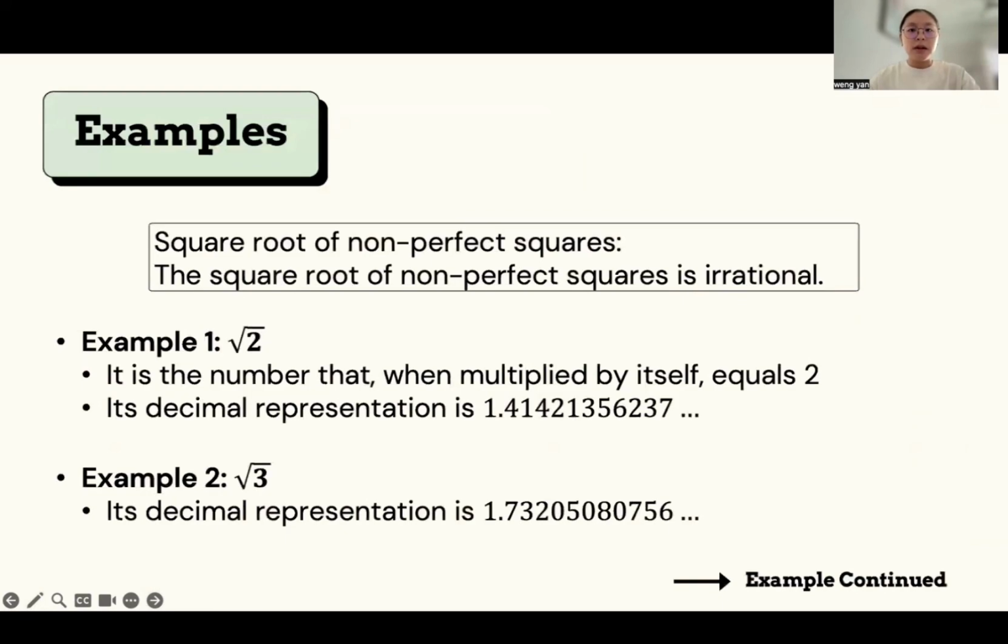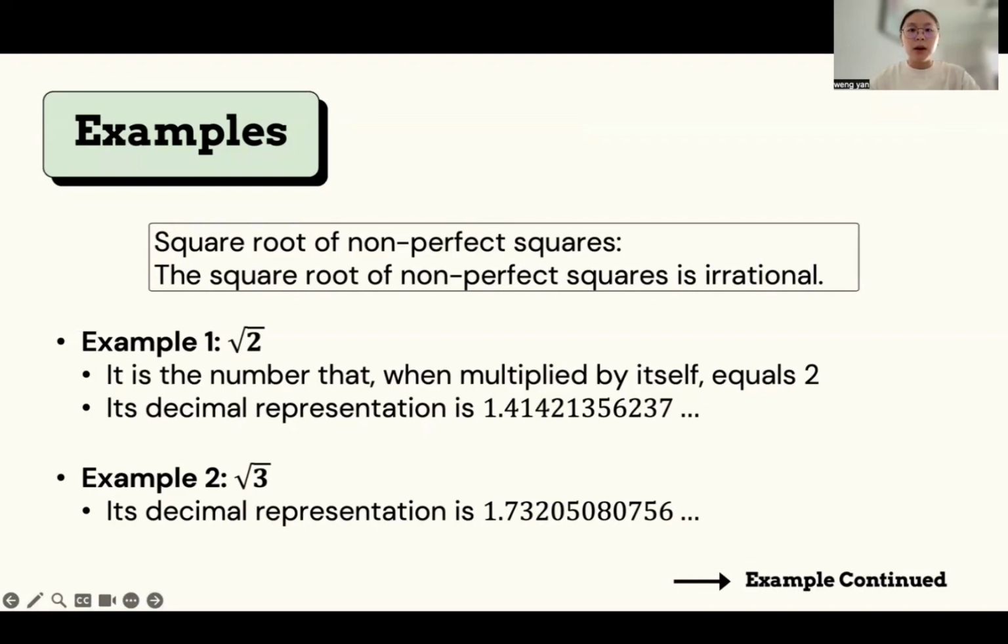A major source of irrational numbers comes from square roots. Specifically, when you take the square root of a number that is not a perfect square, the result is always irrational. Remember, perfect squares are numbers like 1, 4, 9, and so on. Let's look at our first concrete example, the square root of 2. If we try to write this as a decimal, we get 1.414213 and so on.